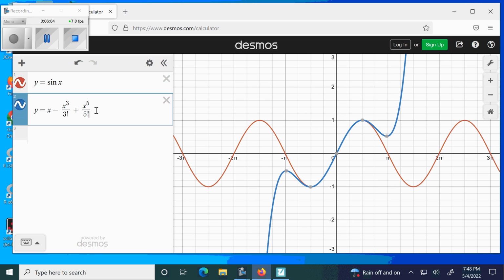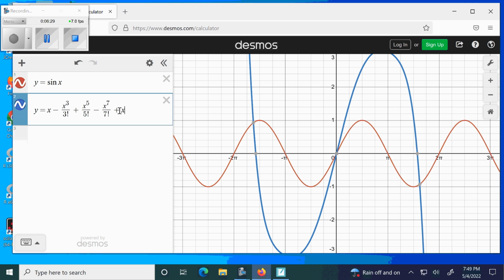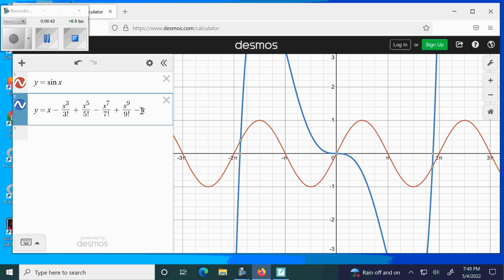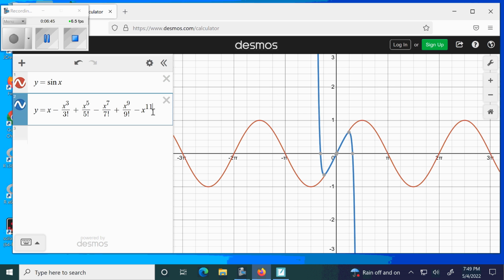So now we get something that even better approximates the sine function, minus x to the 7th over 7 factorial, plus x to the 9th over 9 factorial, minus x to the 11th over 11 factorial.